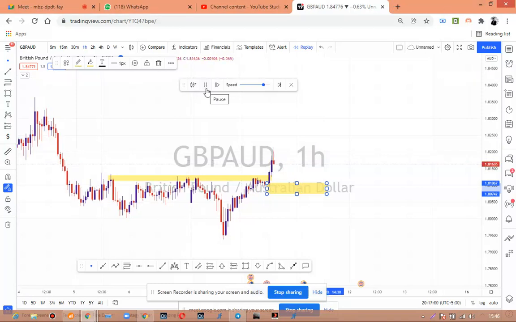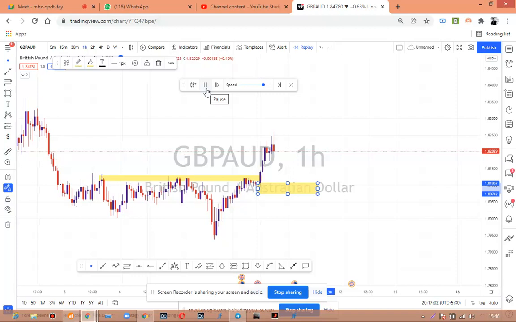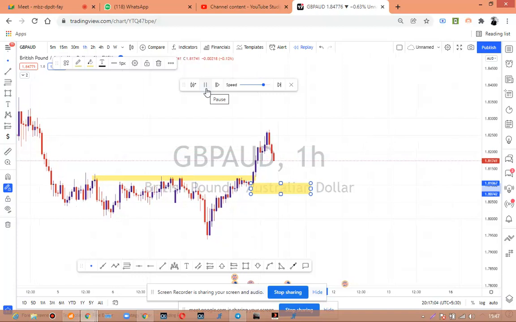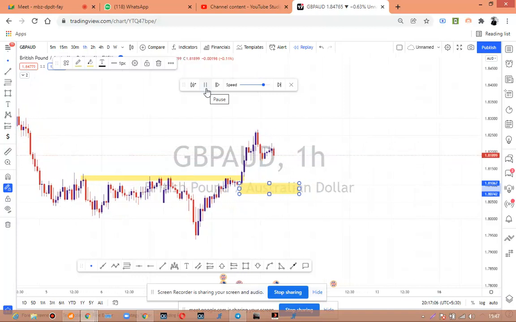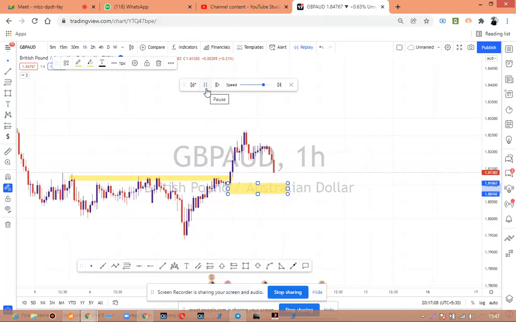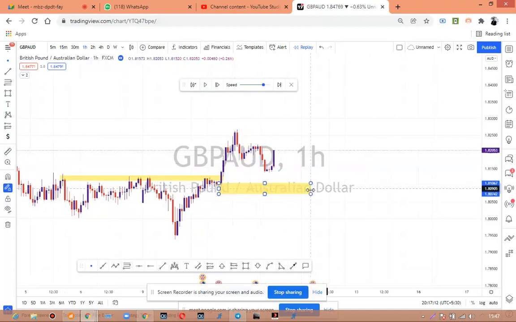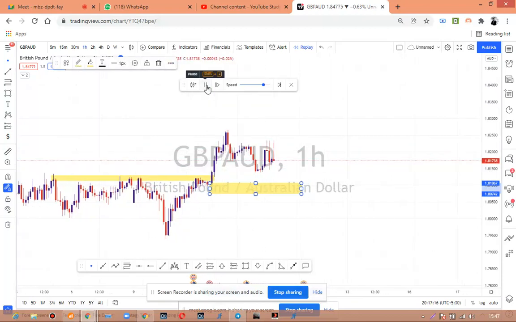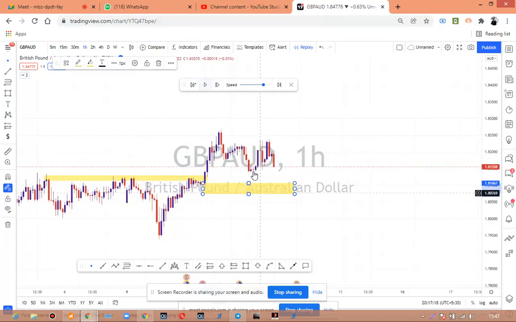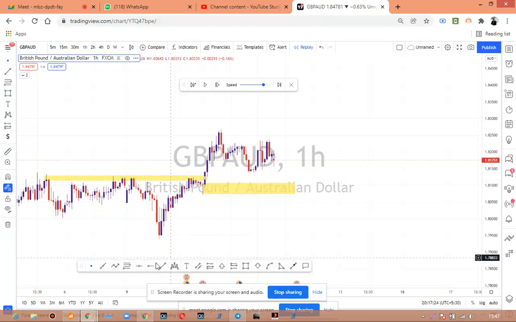So let's see. Almost there. Remember the buyers that entered the trade bought the market here, so they created a liquidity.